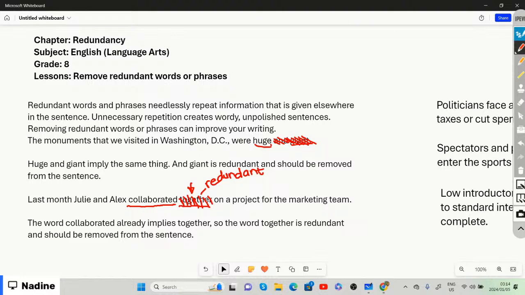The words are different, but similar in meaning. So any repeated words need to be removed, because we call those words redundant. A redundant should be removed from any sentence because it just creates wordy and unpolished sentences.